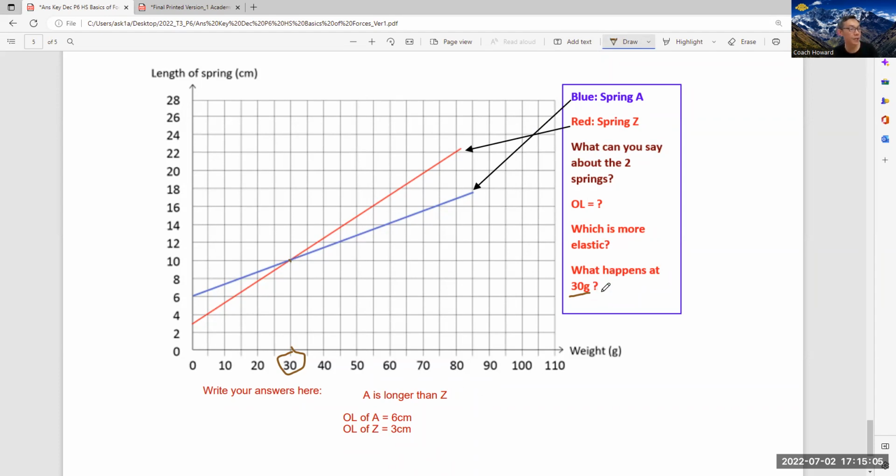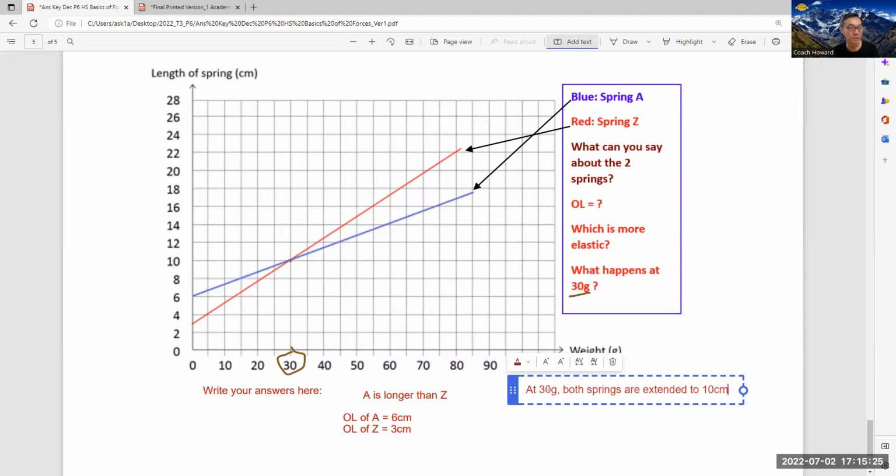So we can answer this question first. At 30 gram, both springs are extended to 10 centimeters.